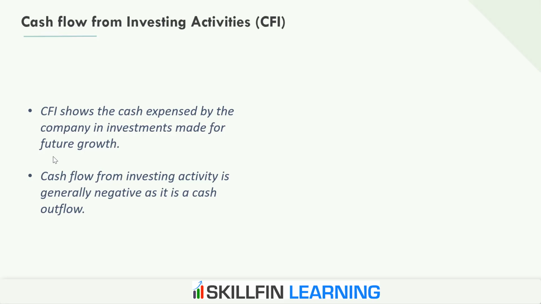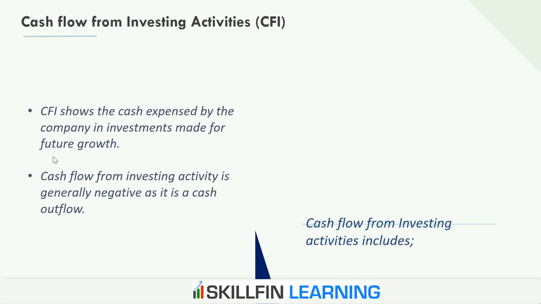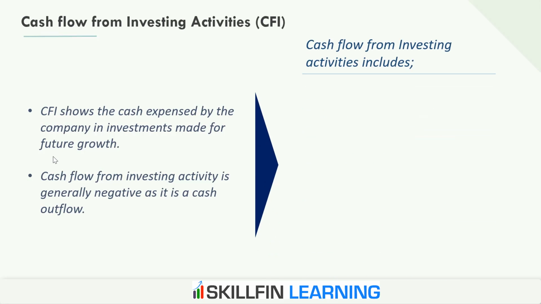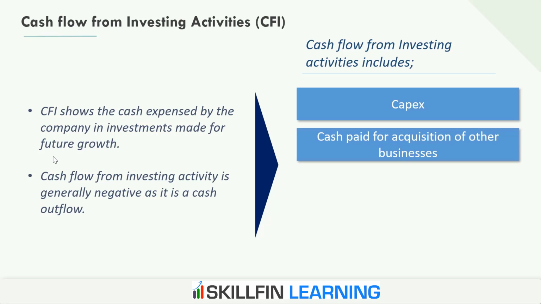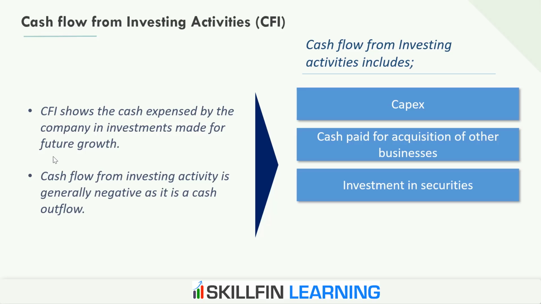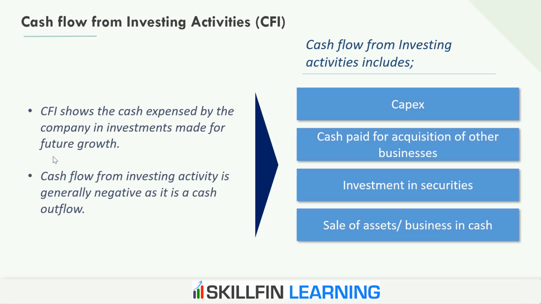Cash flow from investing activities is generally negative as it is a cash outflow. It includes the capex, the cash paid for acquisitions of other businesses, investment in securities, and sale of assets or business in cash.